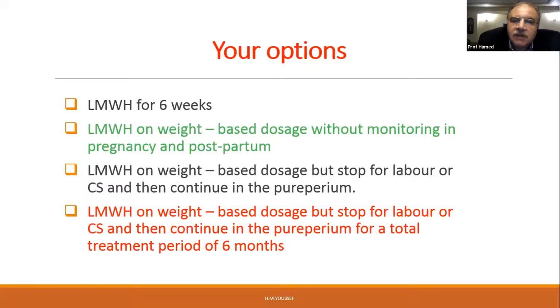Low molecular weight heparin for 6 weeks, or low molecular weight heparin on weight-based dosage without monitoring during pregnancy and in the postpartum period, or weight-based dosage but stop for labor or cesarean and continue in the puerperium, or weight-based dosage but stop for labor or cesarean and then continue in the puerperium for a total treatment period of 6 months.